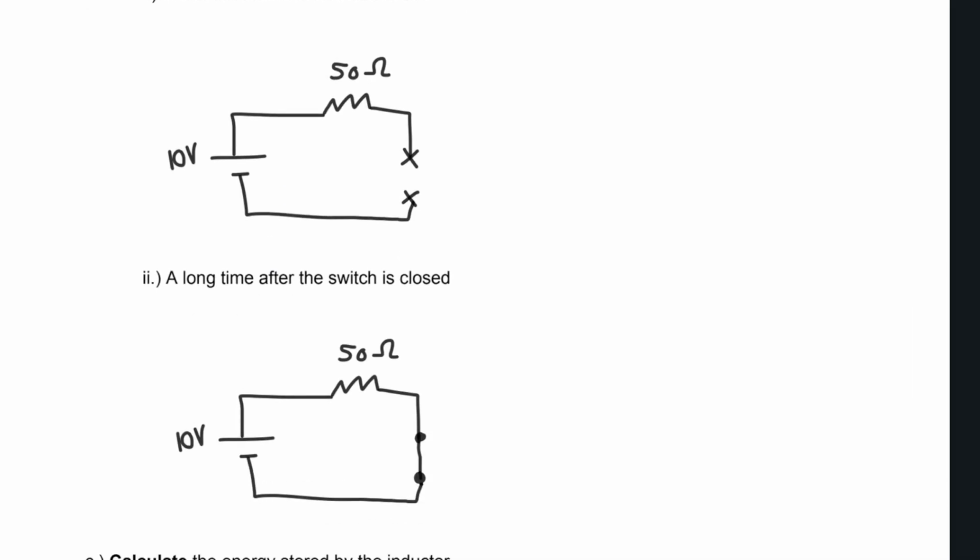So again, remember that there's no current flow at the start. So if there's no current flow, there can be no potential drop across my resistor. So I know that all of my potential drop must be across the inductor at the initial time here, because again, to get a potential drop across the resistor, we need current. So we get no color change here, meaning delta V across the inductor is the full 10 volts of the battery to satisfy the loop rule.